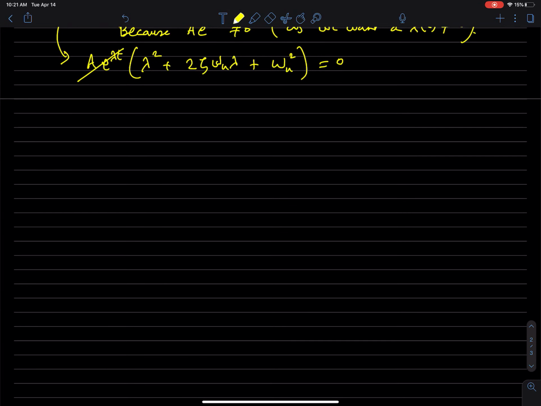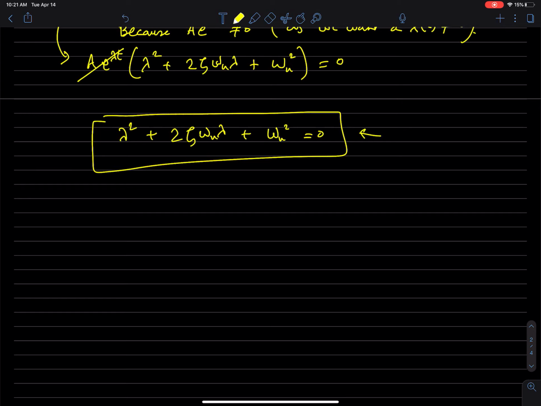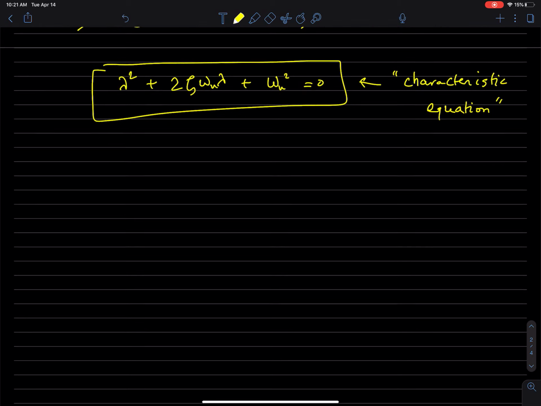Okay, so this equation is called the characteristic equation, which again you may have seen in your differential equations class.